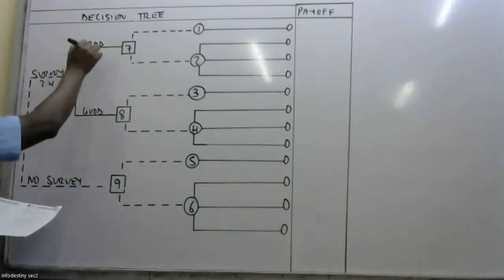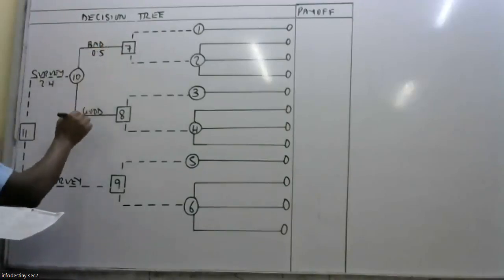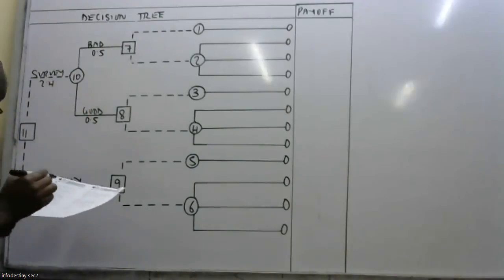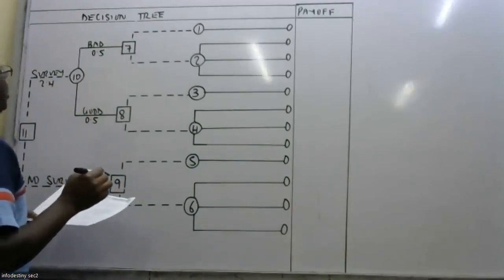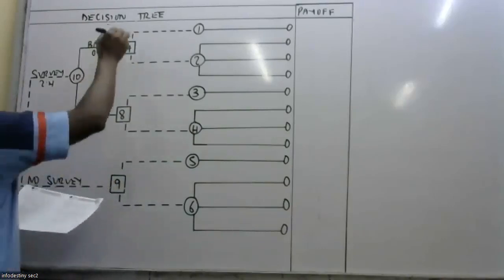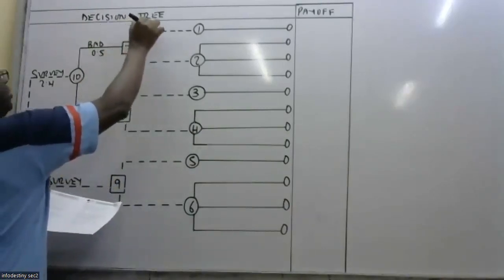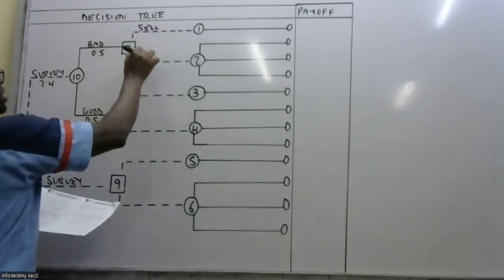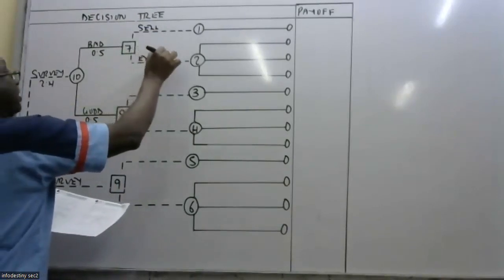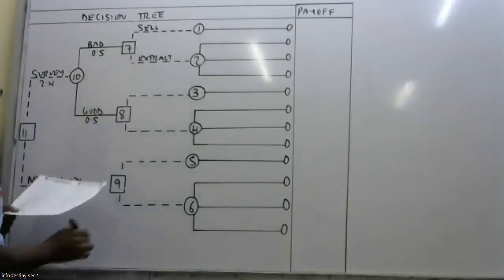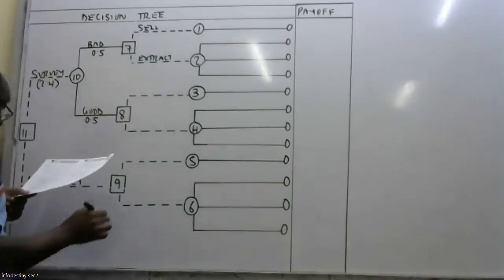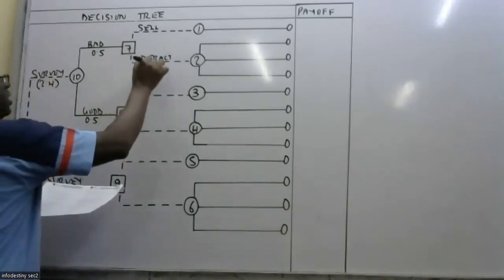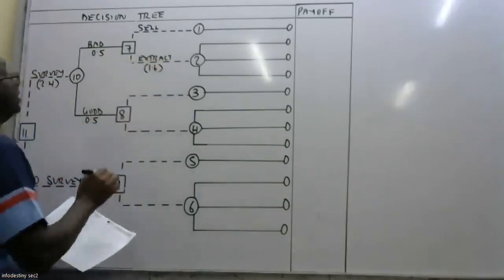So we have 0.5. The same case happens with good, 0.5. Now, whatever report comes out, he can decide to sell or to extract. If he decides to extract, the cost of survey should be in brackets, and the cost of extraction is 1.6, also in brackets.